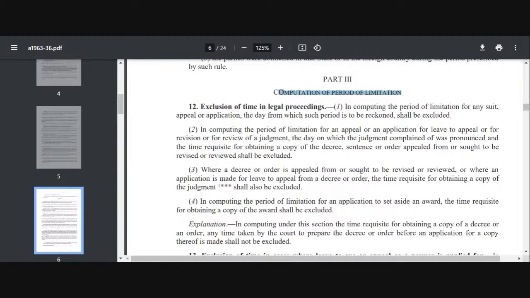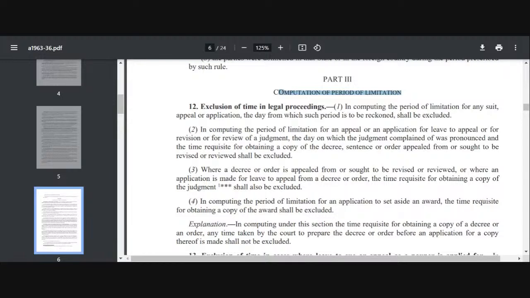The second clause says that when you are computing the period of limitation for an appeal, or for an application for leave to appeal, or for revision of judgment or review of judgment, then the day on which judgment is pronounced, and the time required for obtaining the copy of the decree, sentence or order appealed from or sought to be revised or reviewed, shall be excluded.